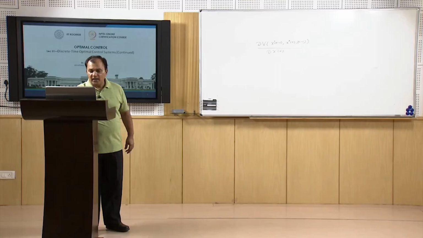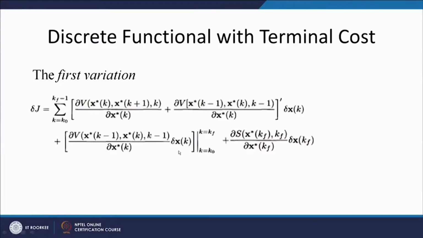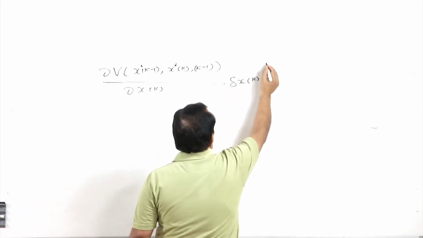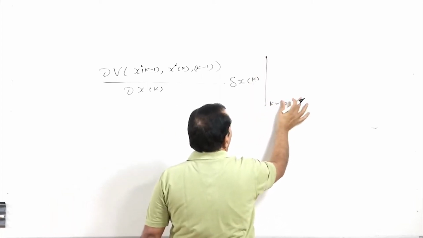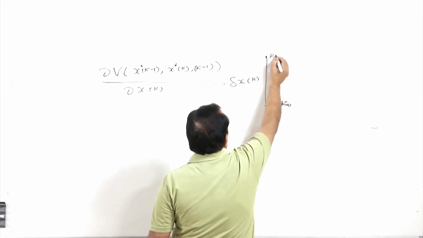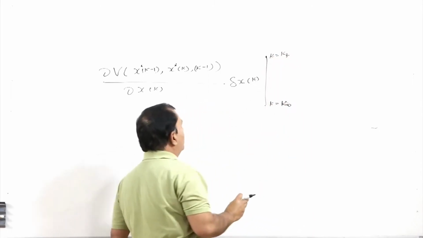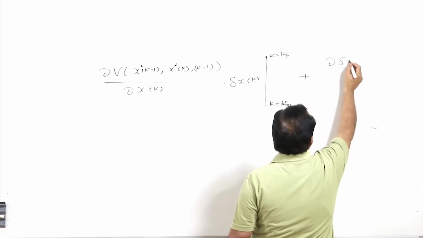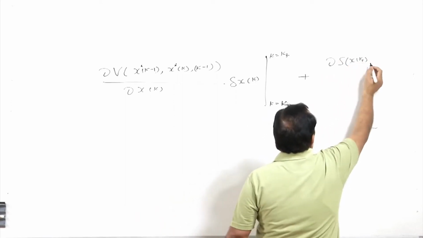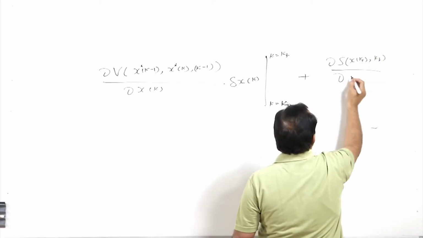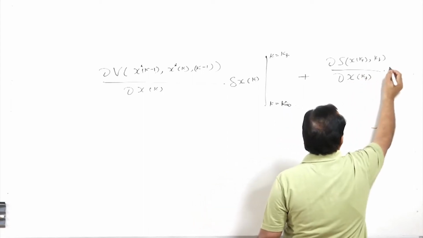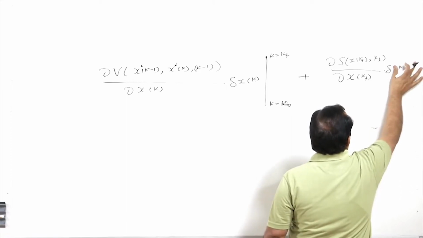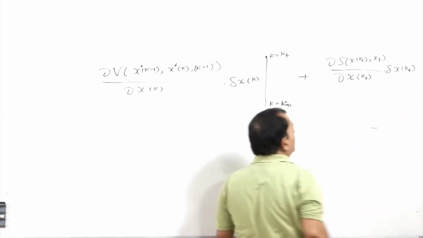So, we are considering this term with delta xk and we are evaluating this from k equal to k0 to k equal to kf, plus we are getting del s of kf by delta x of kf into delta x of kf.